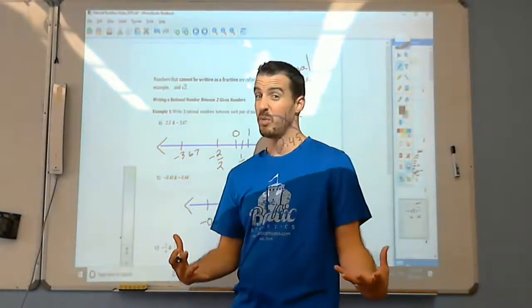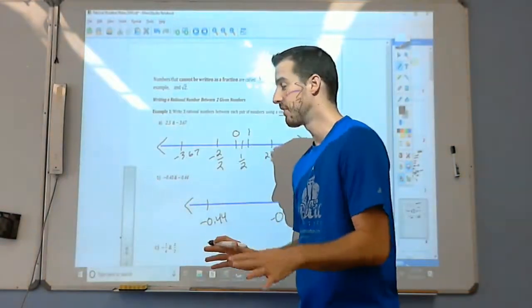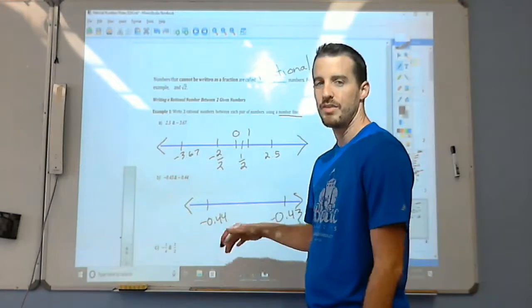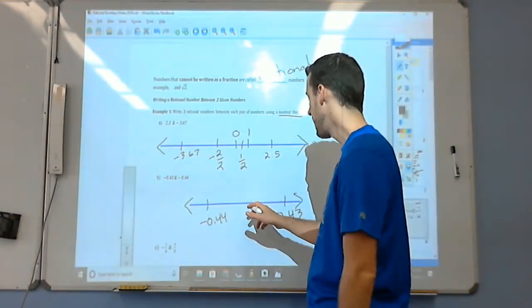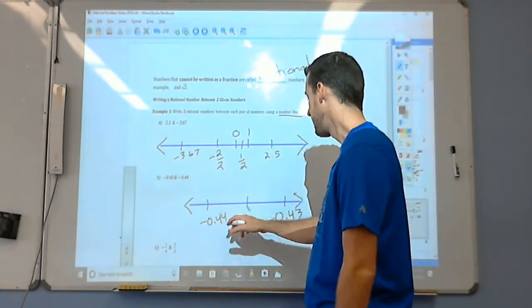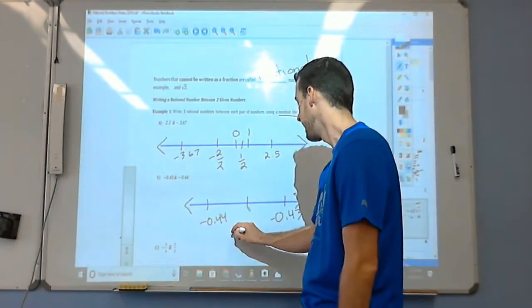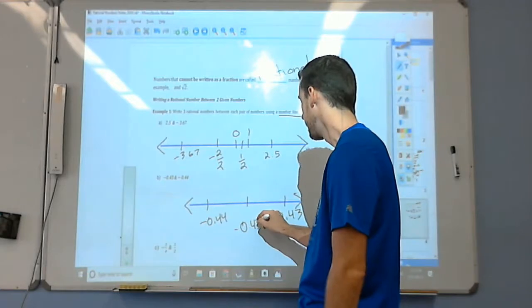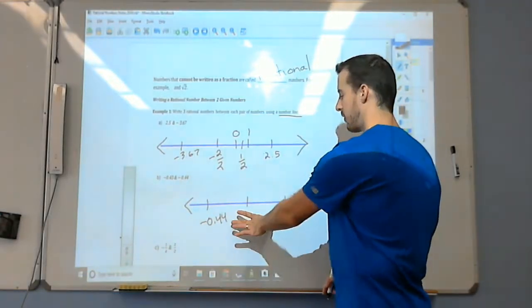The easiest way I find when we're talking about negative numbers and we don't want to get messy with fractions is we just start adding more decimals, right? If it's negative, no problem, okay? So something right between the two of these is negative 0.435, right? It's halfway between the two.